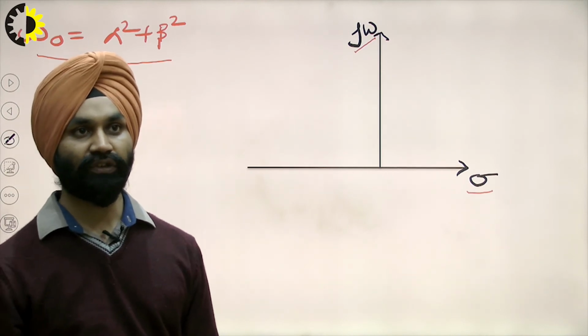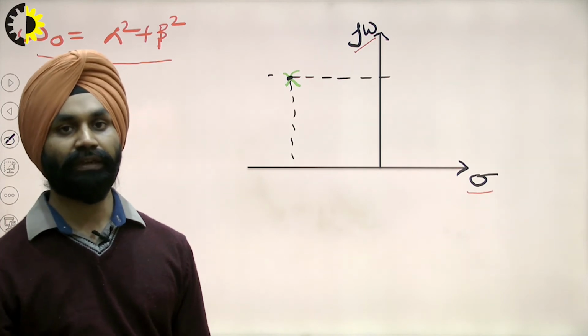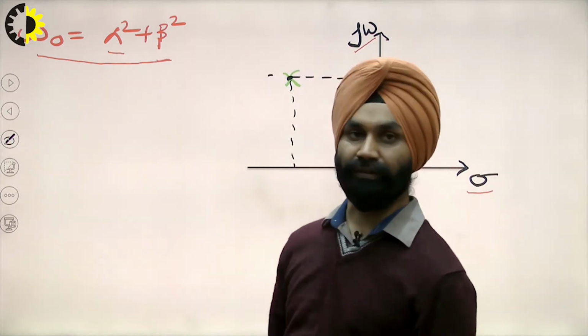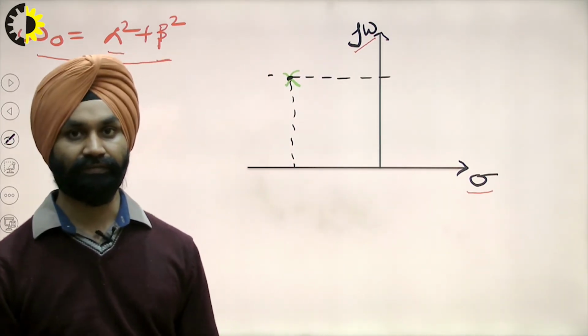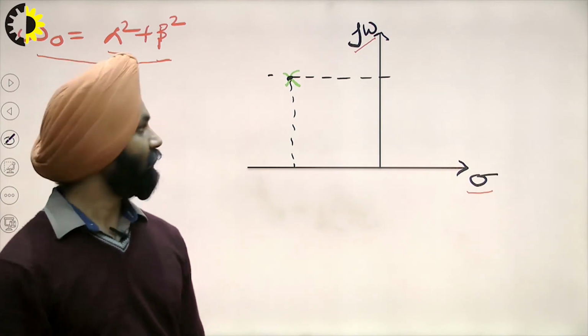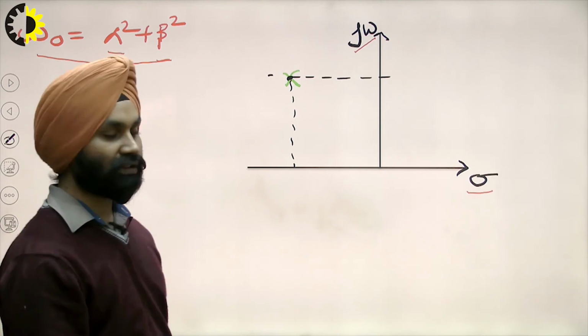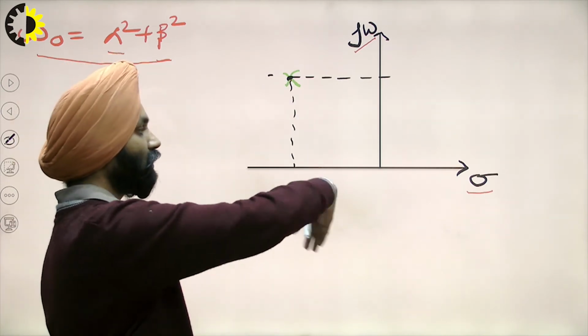Then this equation of omega naught will give a pole which will be defined by the alpha and beta values. The poles will be at the alpha and beta values, where this green one is, let us suppose, a pole. The location of this pole will be on a circular path.